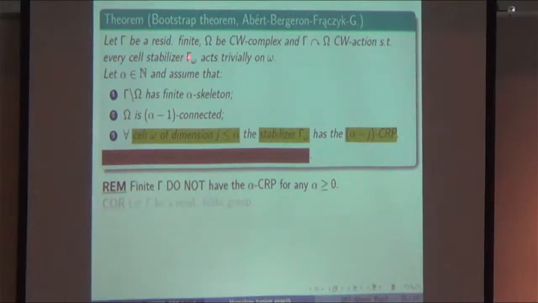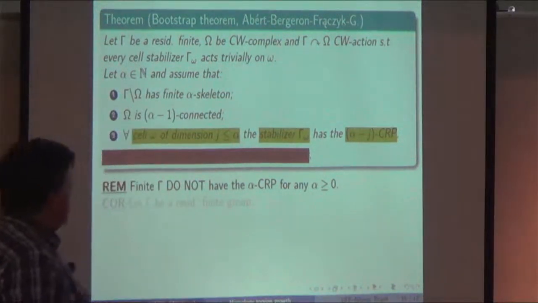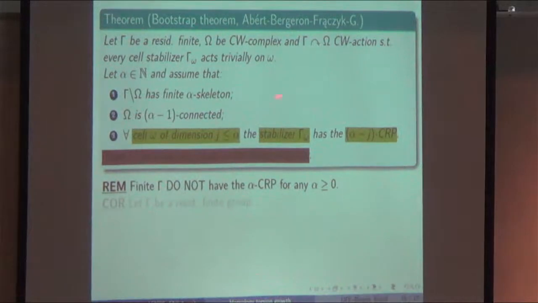And now we have this bootstrap theorem. Assume gamma acts on a CW complex omega. Gamma is always residually finite, so it acts on a complex, and in such a way that the quotient has a finite alpha skeleton, upstairs the space is alpha minus 1 connected, and something about the cells and the stabilizers of the cells.